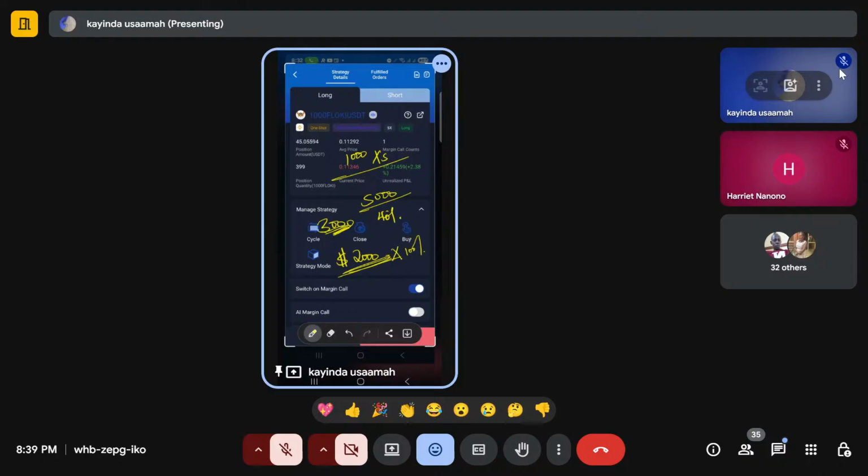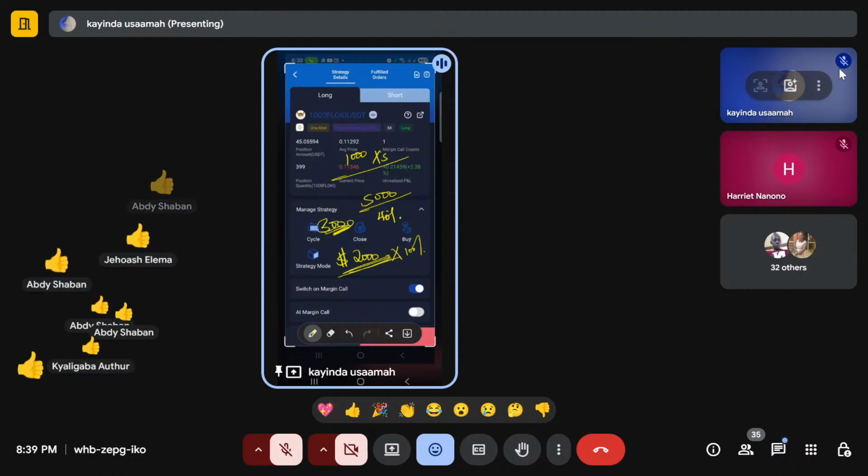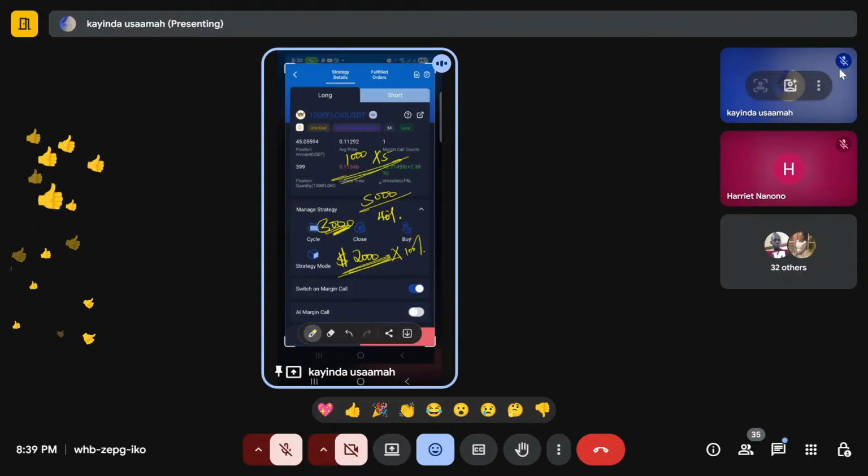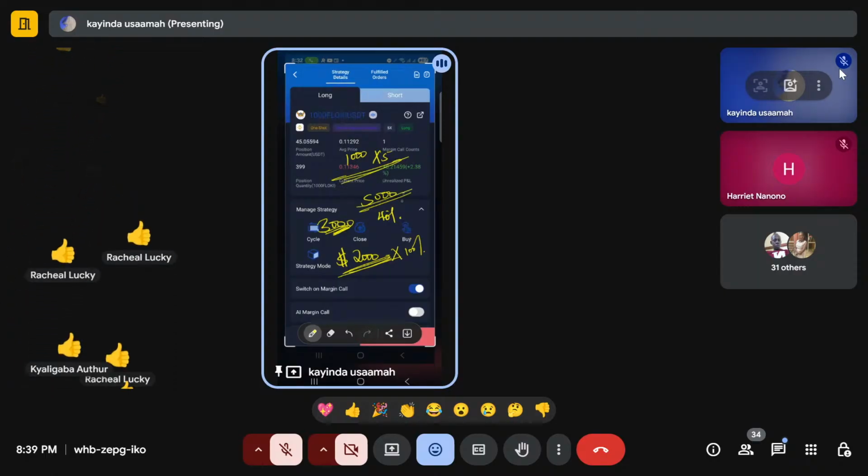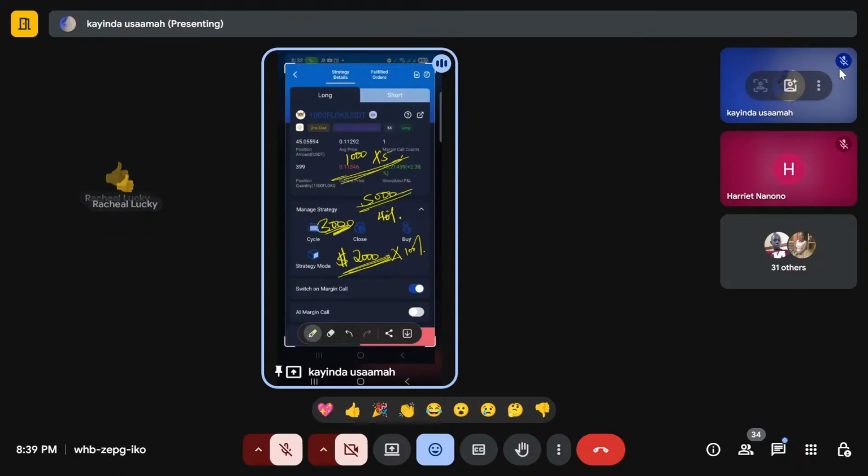Are we learning something? The money we have is $1,000. You want to leverage it by 5. When you enter a trade, you are designing settings for $5,000. In case a trade goes against you, it buys all of the margin calls, that's the problem.